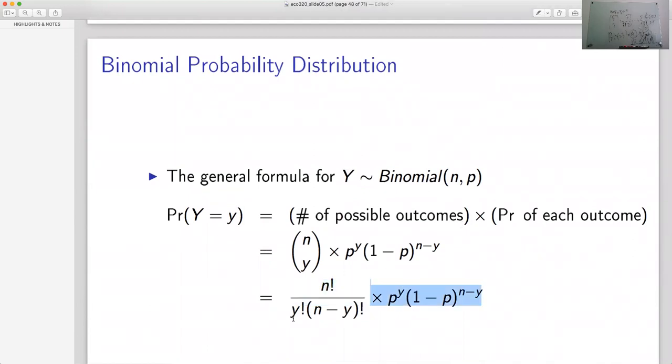The first part, n factorial over y factorial times n minus y factorial, comes from the number of possible outcomes, and the other parts are just the probability of each outcome. We analyzed these two separately, and now we are multiplying them together. Finally, we get the probability of y equal y. So this is how we get the formula.